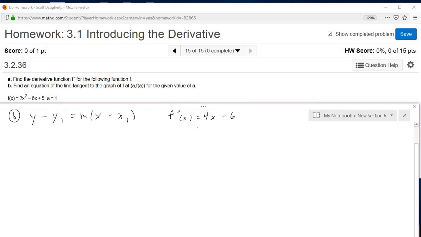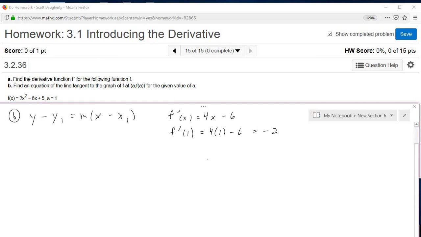Now the derivative gives you the slope of the tangent line at any point x. And we want the slope of the tangent line when x is 1. So you have to evaluate the derivative at 1. And when you evaluate the derivative at 1, you get negative 2. So that's the slope of the tangent line when x is 1.